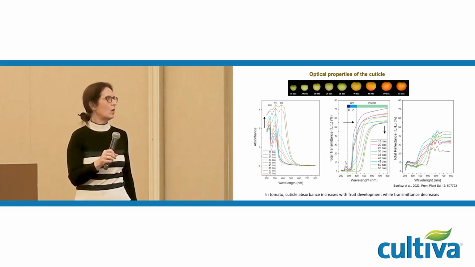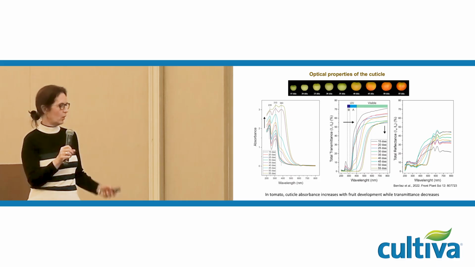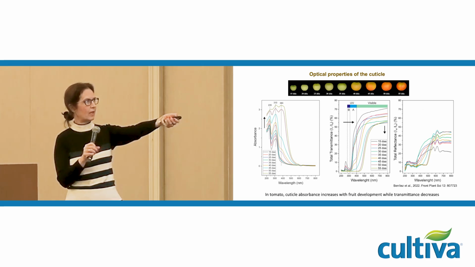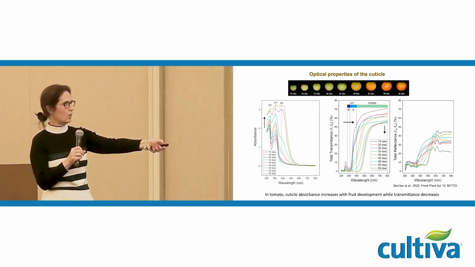If we compare also how the optical properties of the cuticle change during organ development, here we have an example of tomato. Between very young stages of development and ripe tomatoes, we realize that absorbance goes up.